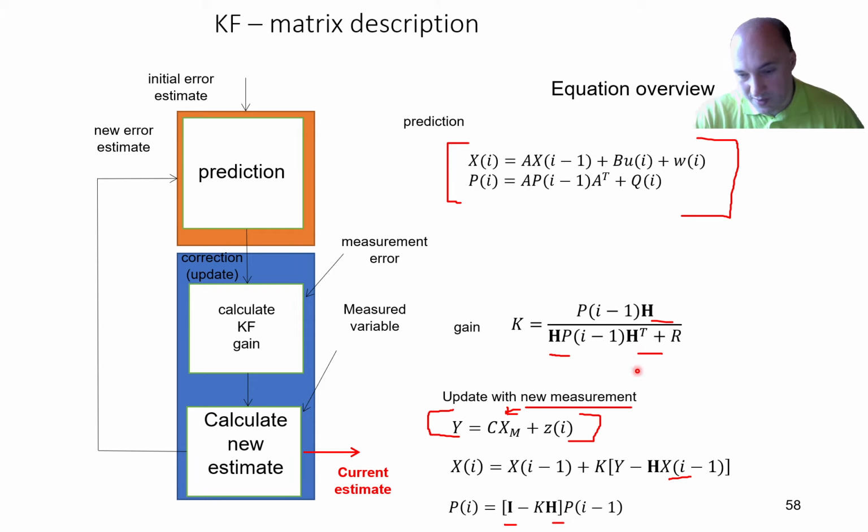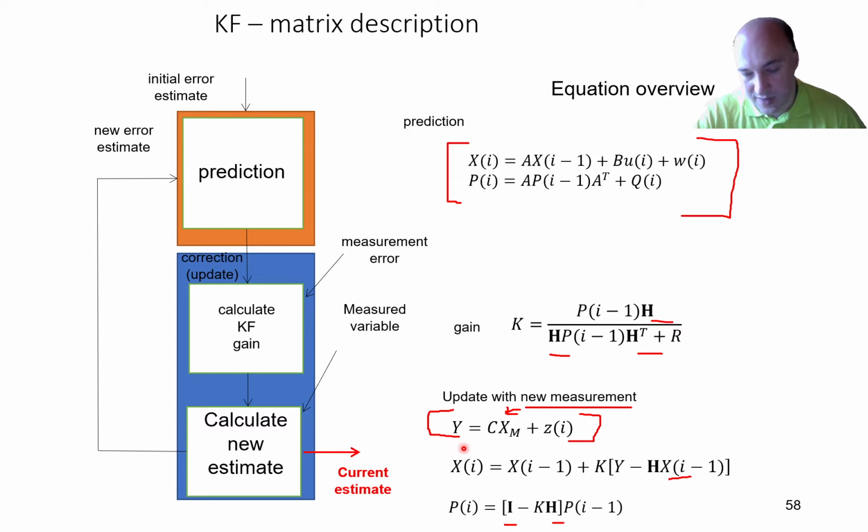When we have the common gain, now we can wait for the update of the measured variables. So the sensors will send us some values, we will get them and we'll calculate the new estimate of our variables. And for this, we will need to calculate the input signal, the measurement signal, and this will again be called Y here.